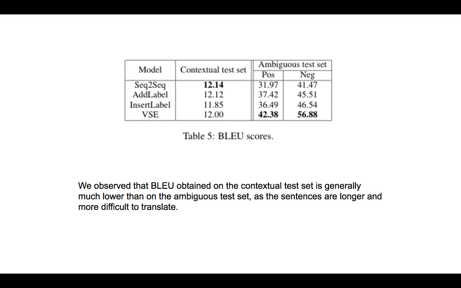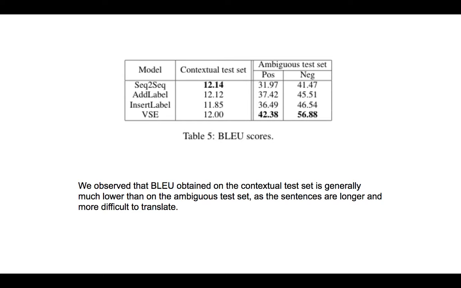And here are the results. We can see there's an increase in BLEU score after we use the three proposed methods. And for the contextual test set, we can see the BLEU score generally is, I would say, around the same.